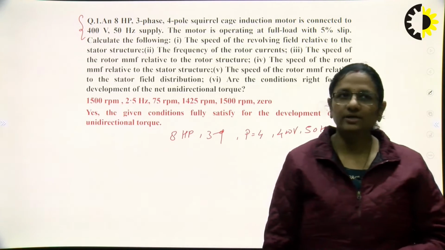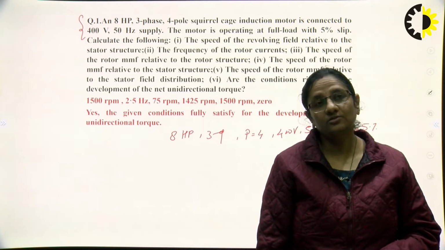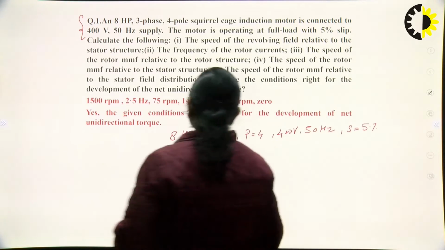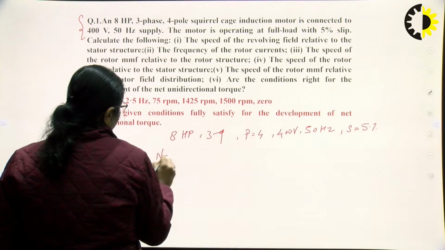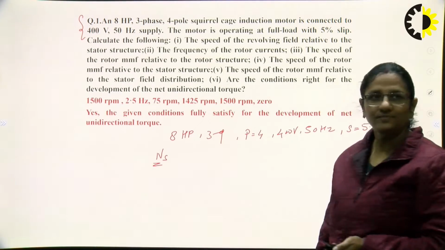We need to calculate the following. The speed of revolving field relative to the stator structure. So, we need to calculate the speed of the rotating magnetic field, that is Ns, relative to the stator structure in the first part of the question.